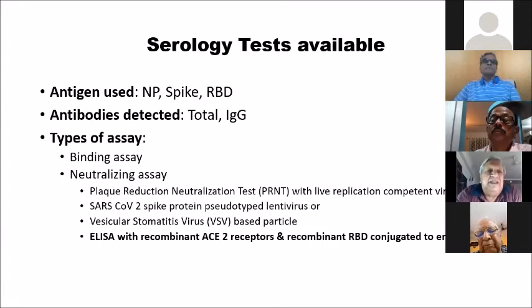In serology, if the antigen used is nucleocapsid protein, since the antigen is within the virus, it will only indicate whether a person has been exposed to the virus or not. So for epidemiology, you can use an antigen which looks at nucleocapsid protein. If you want to study whether a person has protection, then spike protein is important, because the virus uses spike protein to bind to the ACE2 receptor and enter into the cell.